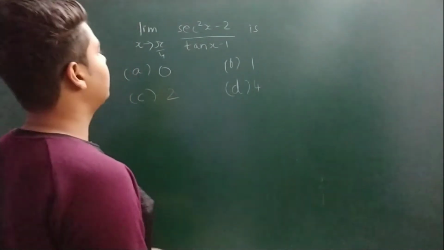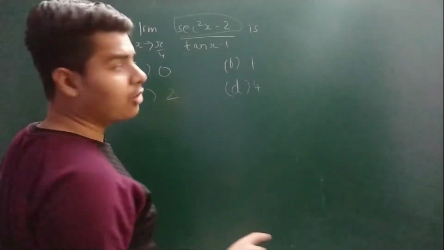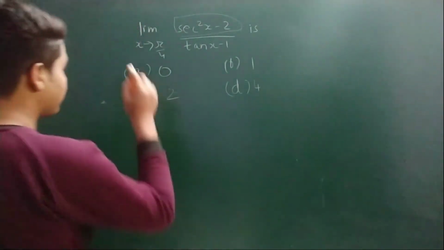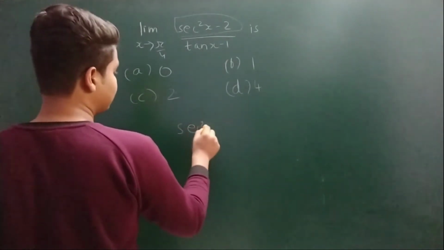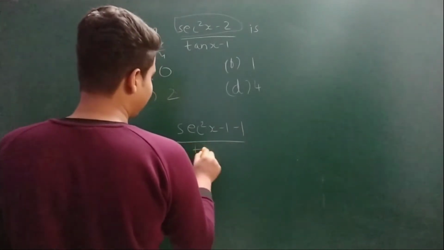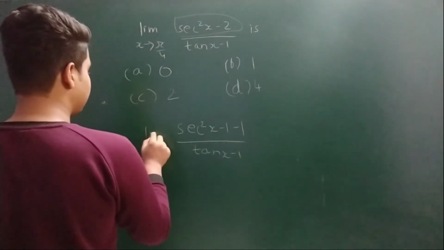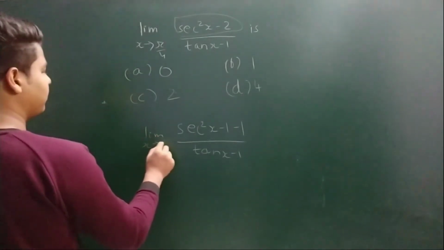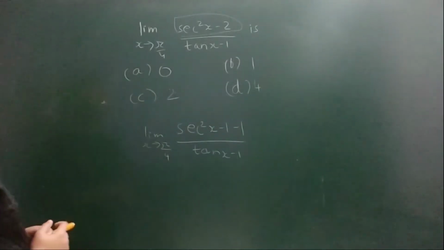What we do is we simply break the numerator, and the denominator we keep unchanged. So sec square x minus 2 can be written as sec square x minus 1 upon tan x minus 1, and the limit is x tending to pi by 4.